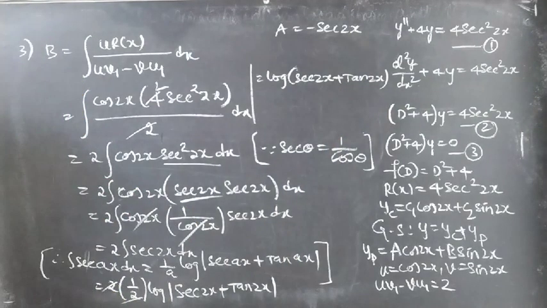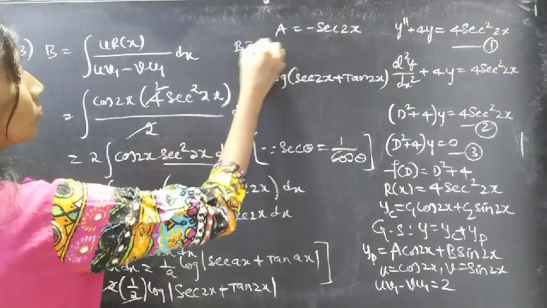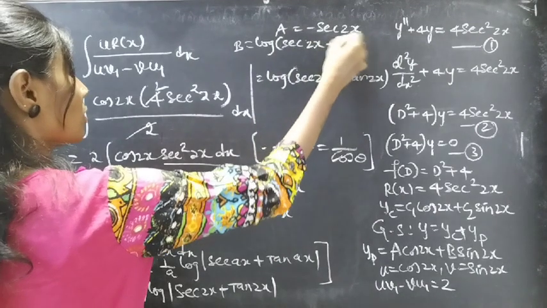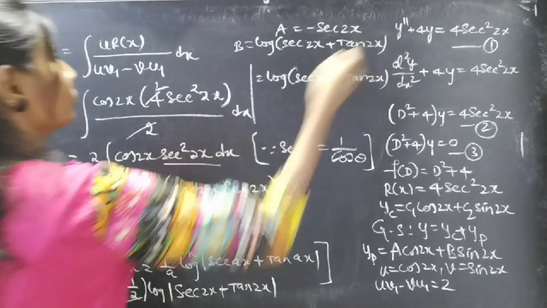Okay, therefore b equal to log of secant 2x plus tan 2x, right?